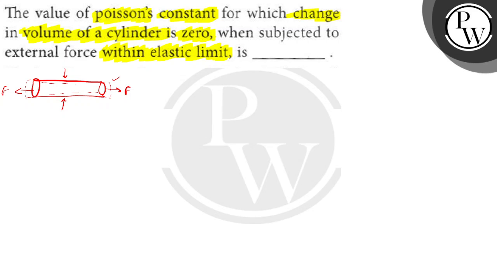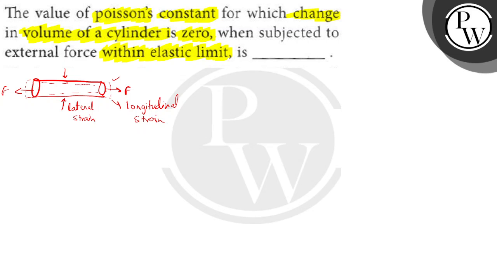So this small reduction in radius, this volume goes into the change in the length. So this change in radius is given by the lateral strain, and the change in the length is the longitudinal strain.